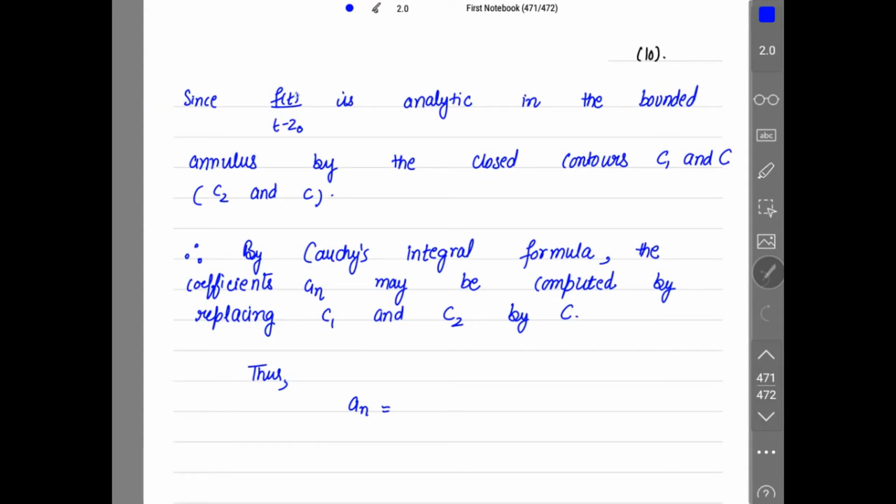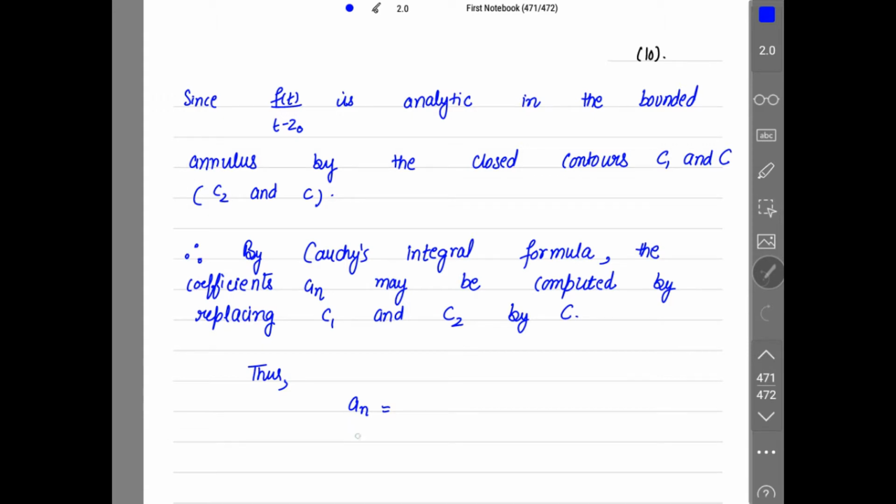See, since f of t over t minus z0 is analytic in the bounded annulus by the closed contours c1 and c, c2 and c, right? So by Cauchy's integral formula, the coefficients an may be computed by replacing c1 and c2 by c.